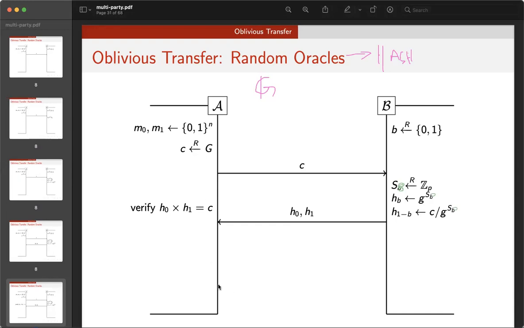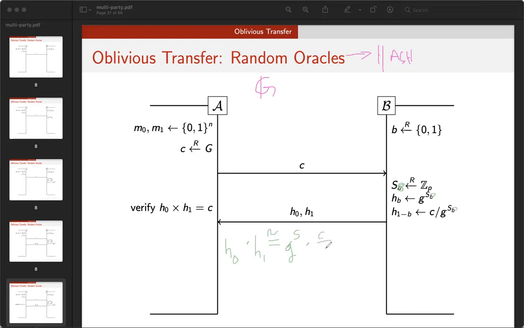I think it should make sense, because H0 times H1 should correspond to G to the S times C over G to the S. And that should calculate out to C. So that's the first step Alice does.